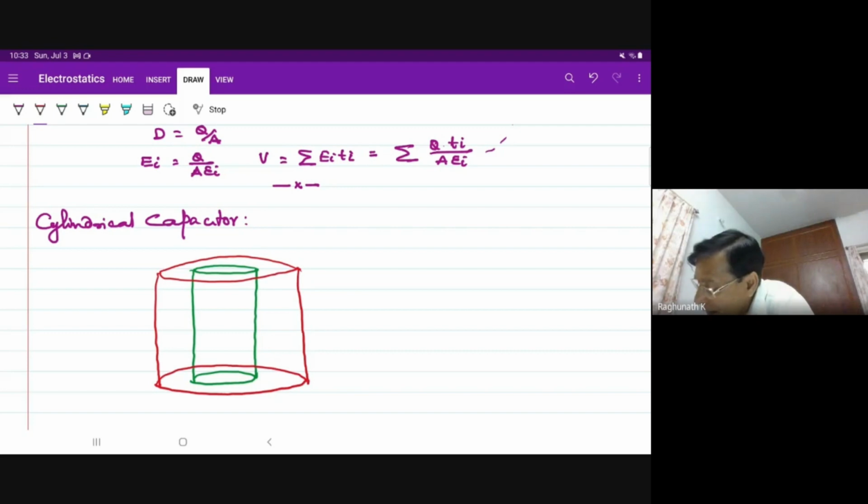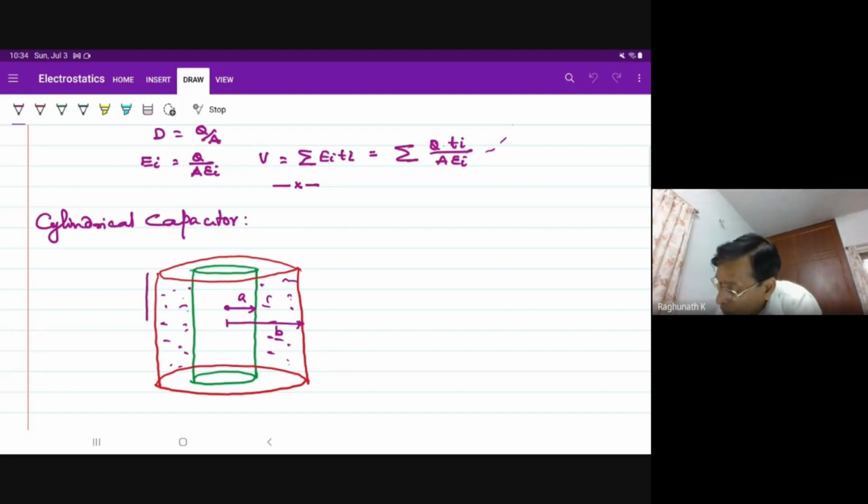This is of radius A. This is of radius B, with epsilon present between the region between these two cylinders. Let us suppose we consider this to be of length L and epsilon the permittivity of the medium.